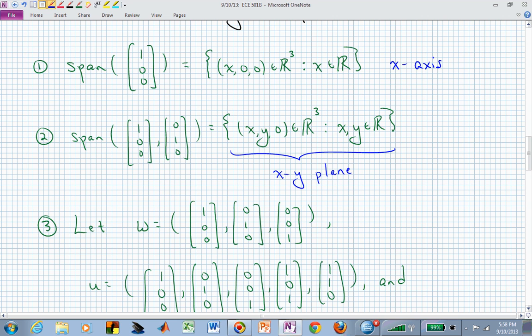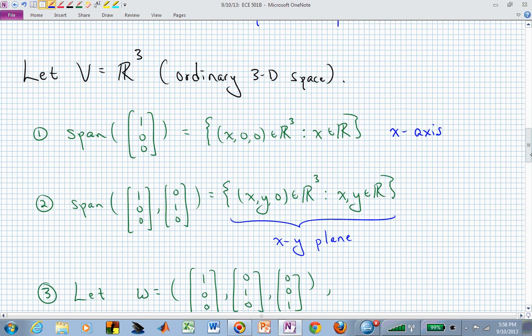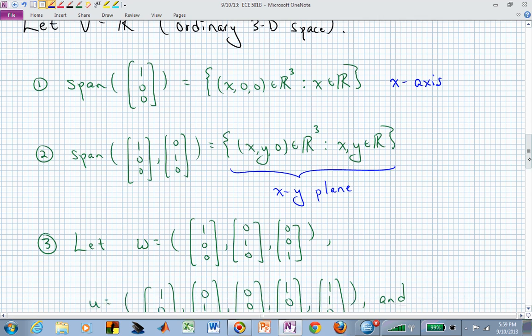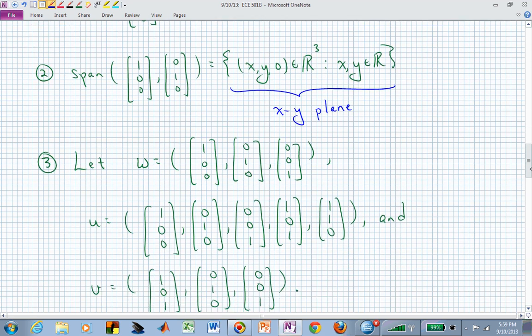The second example, relative to a span in three-dimensional space, now I have a list of 2 vectors. Those vectors are actually linearly independent, and obviously they're unique. In this case, the span is the xy plane, and that's what's represented by the expression on the right.